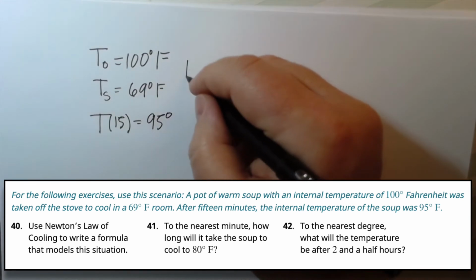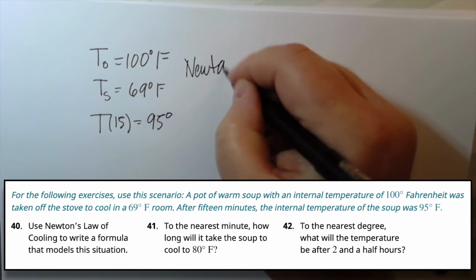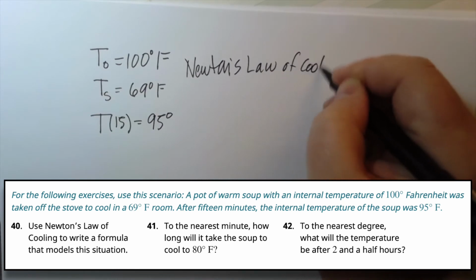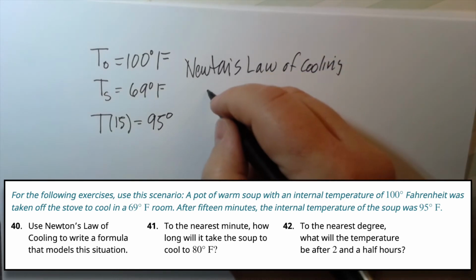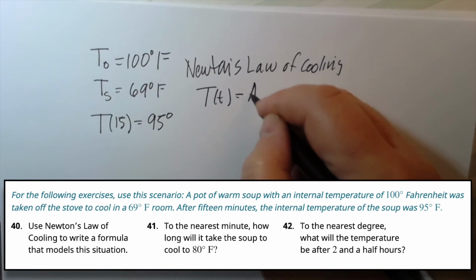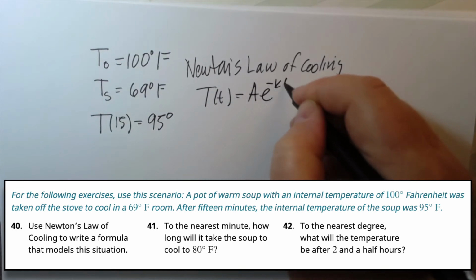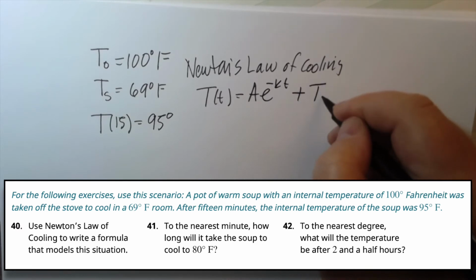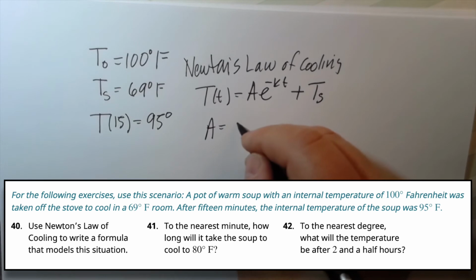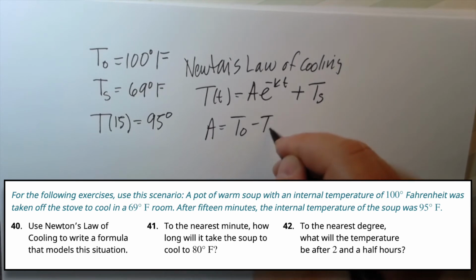Now, Newton's law of cooling is T of time equals A e to the minus kt plus Ts, where Ts is the surroundings. And A is equal to the internal temperature minus the temperature of the surroundings.